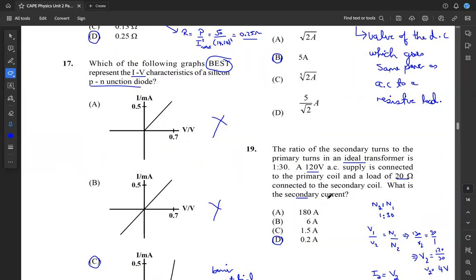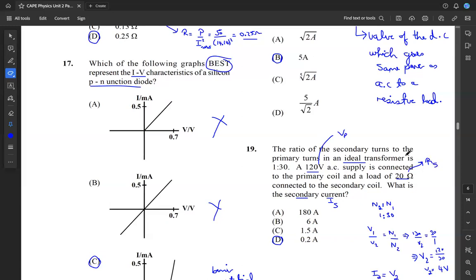So they're asking us to find what? I secondary. They're giving us this as our V primary, and this as our resistor in our secondary coil, so that would be RS.